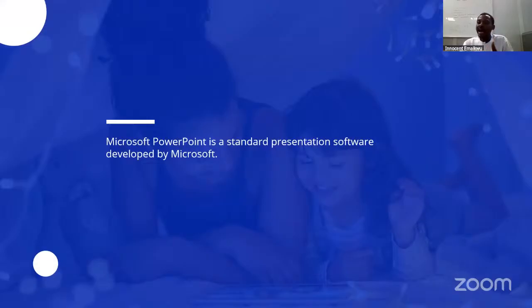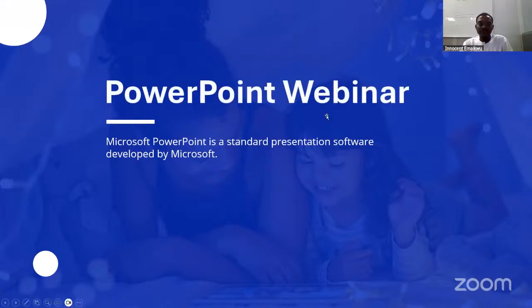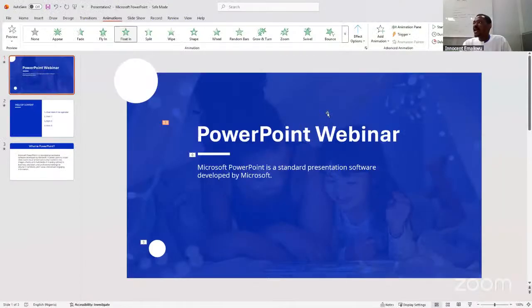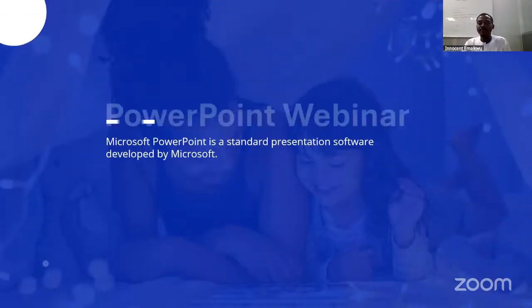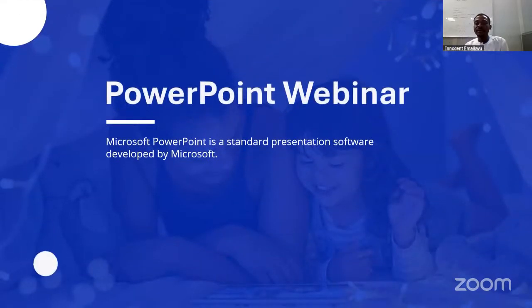Because it will only appear once we click. So always make sure that anytime you don't want your animation to happen only when you click, instead of saying start on click, change it to with previous. Then the moment you start your presentation like this, everything is automatically animated at the same time.